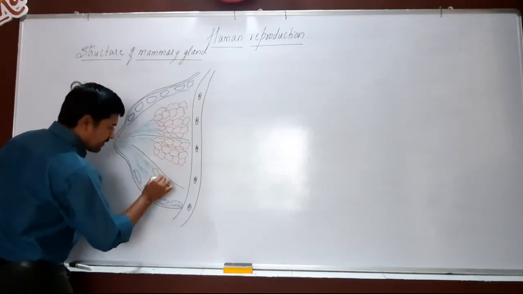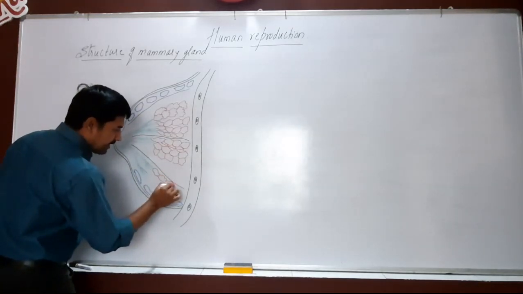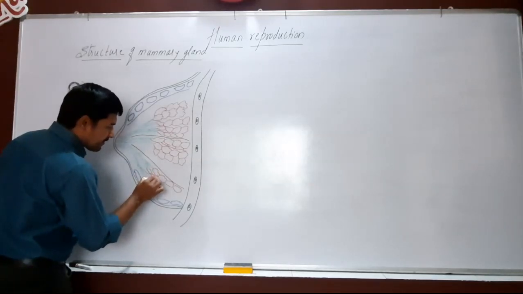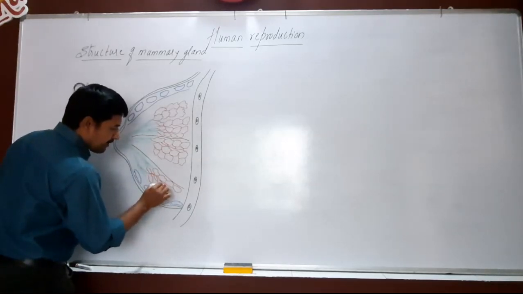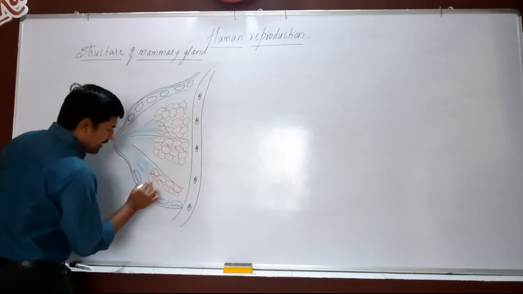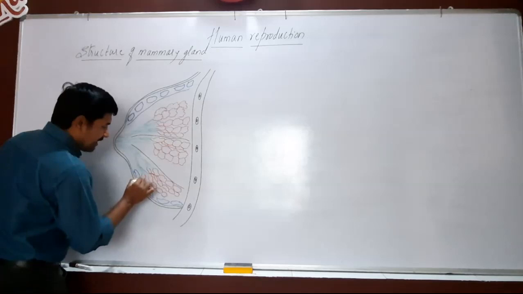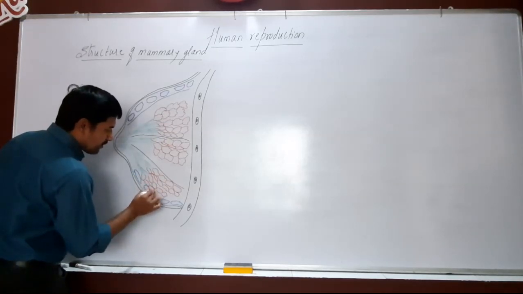They are present in these mammary glands in numerous numbers, and these have cells also. The milk secreting cells are also there.